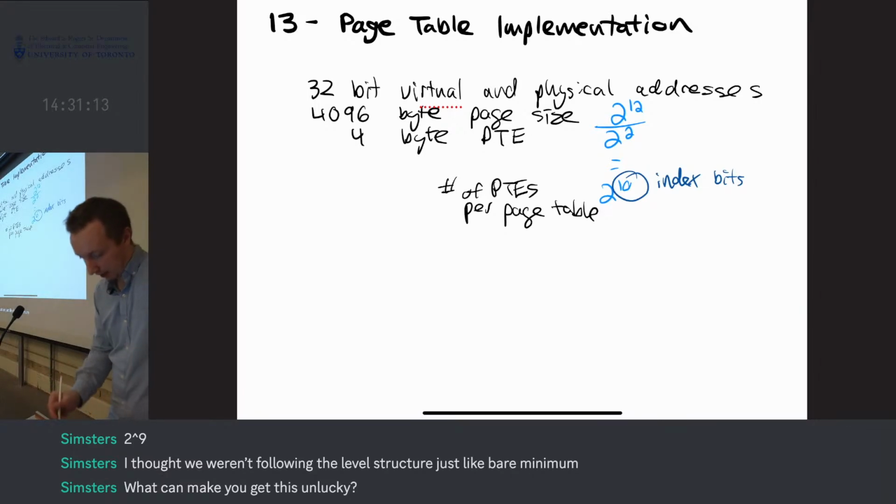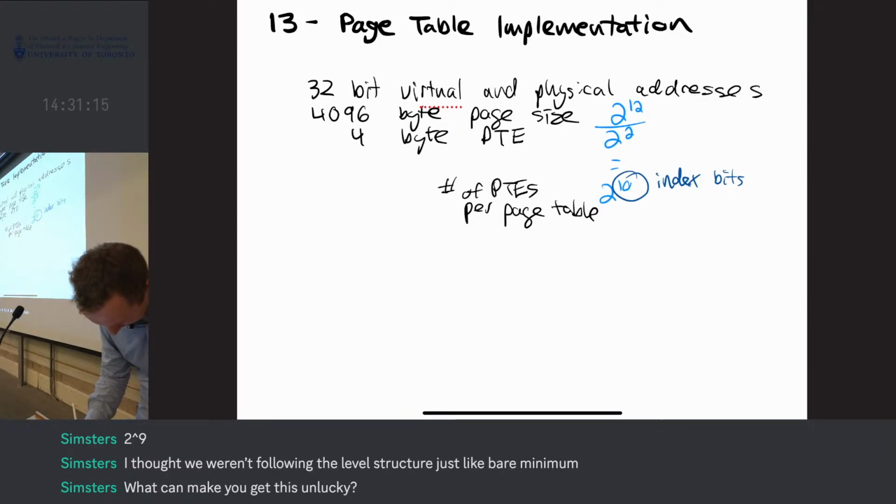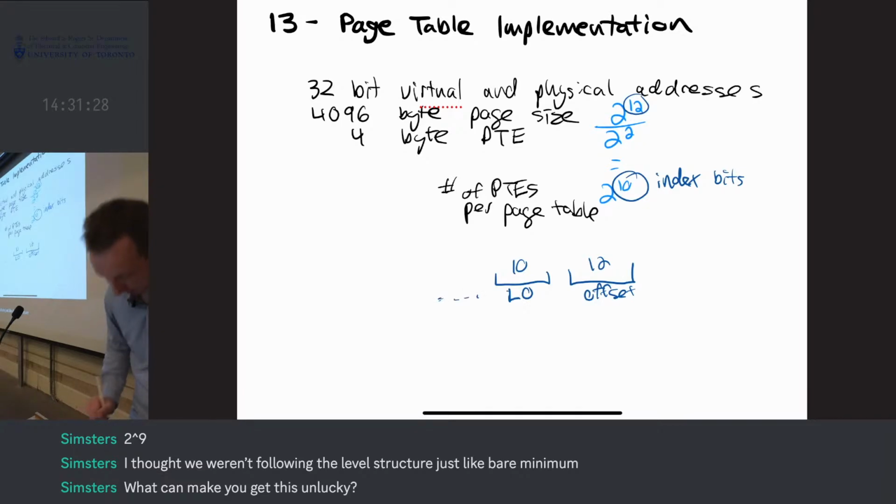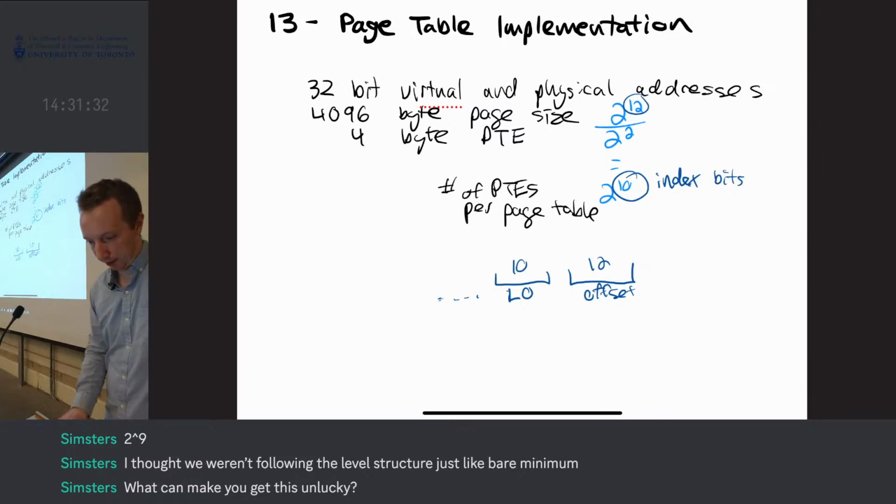So my address would look something like offset, which is still 12, and then some number of L0, and then a bunch of other levels until we actually have virtual addresses.